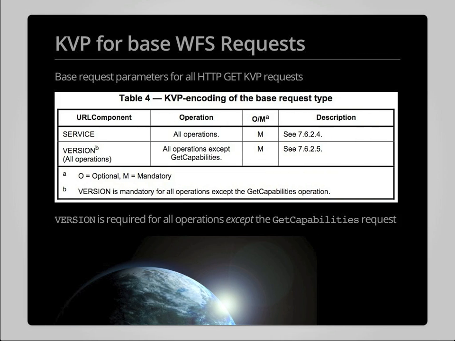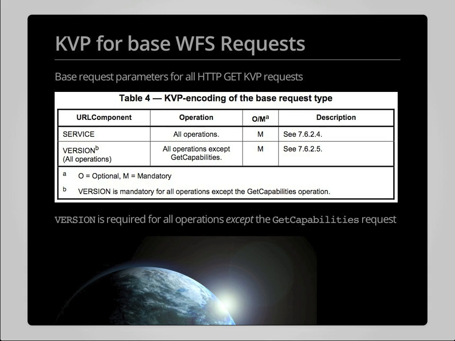So if we start thinking about the more detailed characteristics of the web feature services request model, the first thing we need to think about are the base parameters that are required for all requests that are submitted to a web feature service.